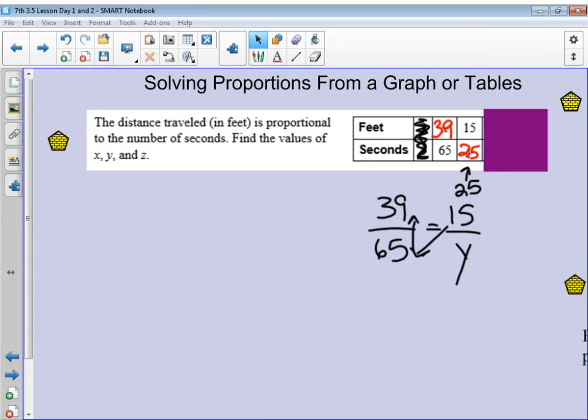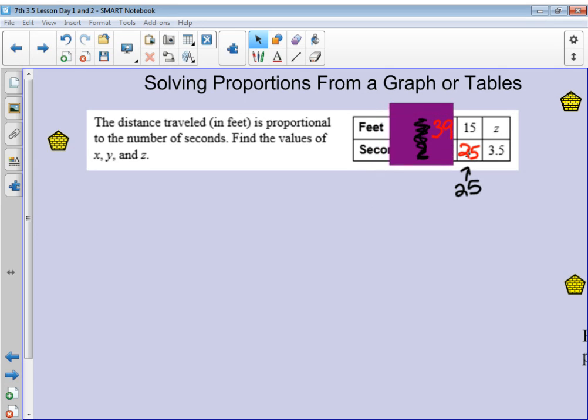Okay, so now what I want you guys to do is solve for the last part, and that's go ahead and solve for Z. So I'm just going to cover up or erase that part.